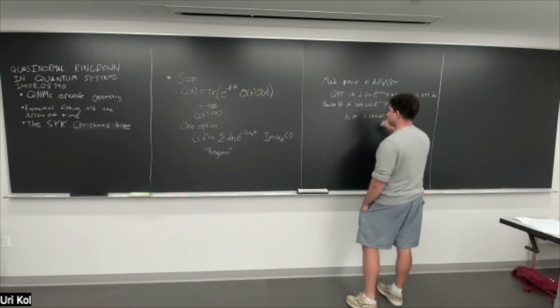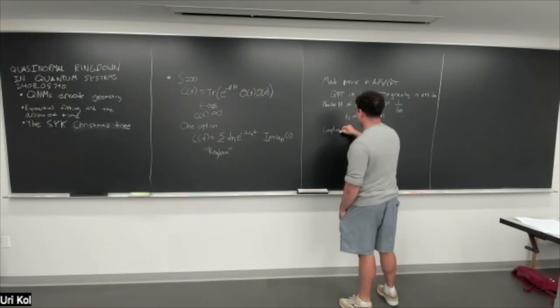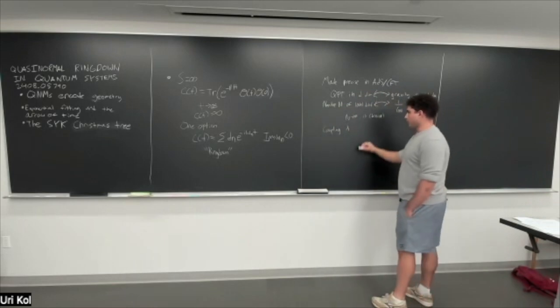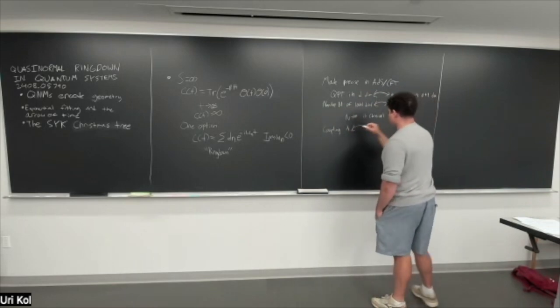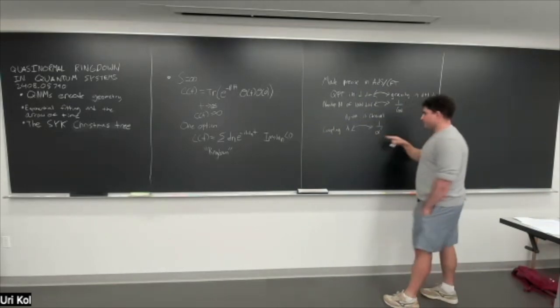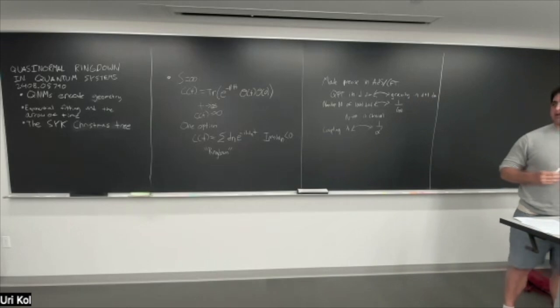There's also a coupling constant in this quantum system, which I'll call lambda. And lambda is going to map to a scale that measures the non-locality of the gravitational theory.